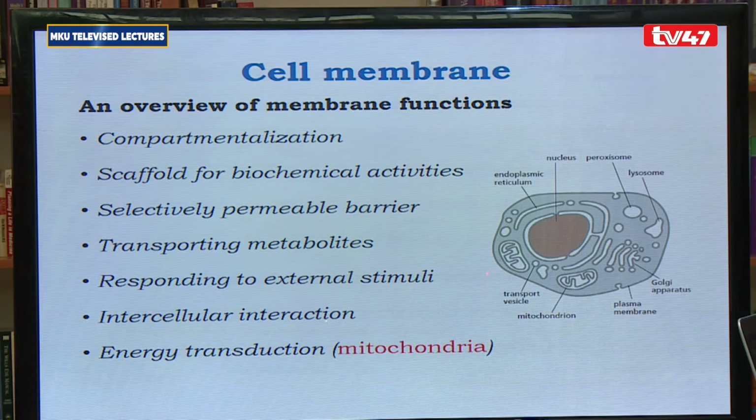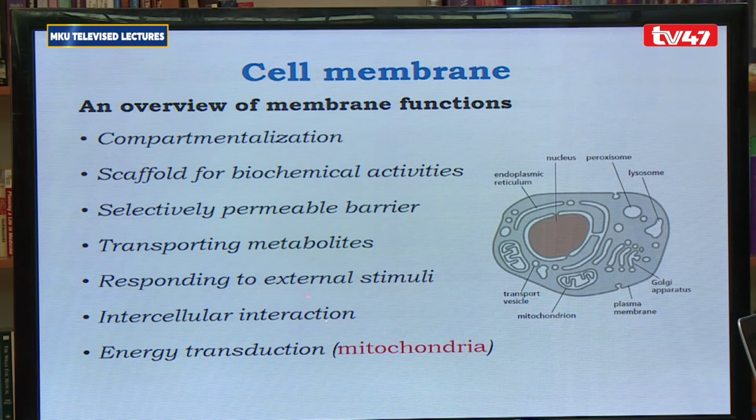We are going to see in the structure of the membrane, there are certain channels that allow substances to be transported in and out of the membrane. So it also acts as a transport route for particular substances that the cell really needs. Metabolites are substances the cell uses, like its nutrients.